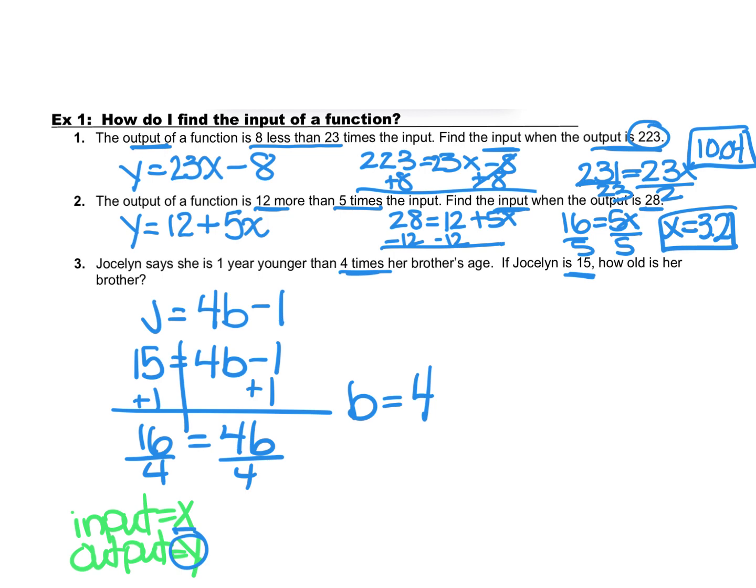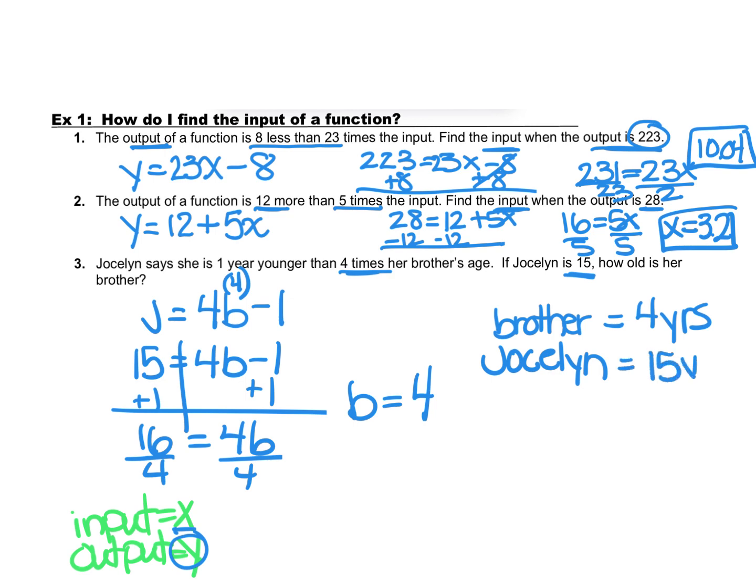So what that means is that her brother's age is 4. And that Jocelyn, we're going to take 4 times 4 minus 1, so 4 times 4 is 16, 16 minus 1, so that means that Jocelyn is 15 years old.